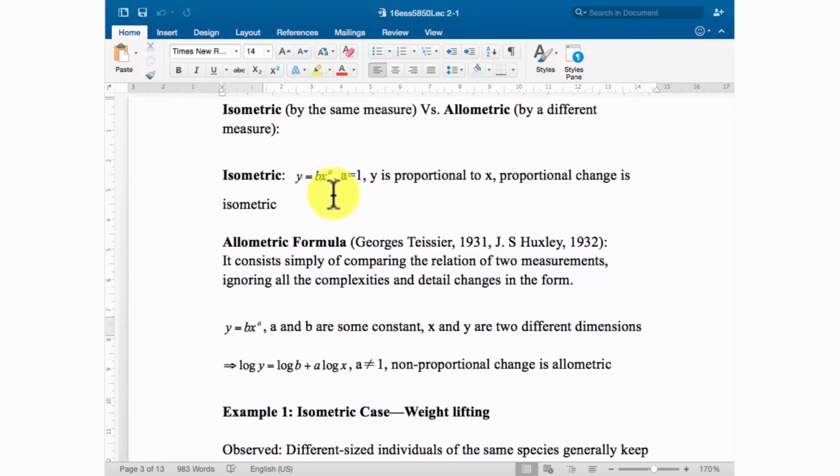If a equals 1, the other dimension, the scaled dimension, will be proportional to the first one. For example, your width will be proportional to your length. That's called the isometric system. If a does not equal 1, the width will not blow up similarly to your length. They will have a different measure. This is called the allometric system.